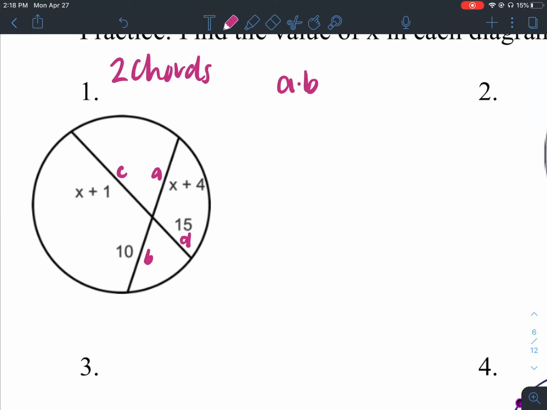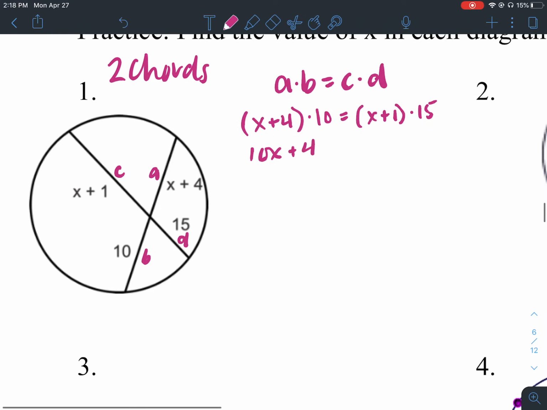So then I have A times B equals C times D, or for our particular problem, x plus 4 times 10 equals x plus 1 times 15. And we're going to solve by distributing. So I get 10x plus 40 equals 15x plus 15, or 25 equals 5x, so x equals 5.